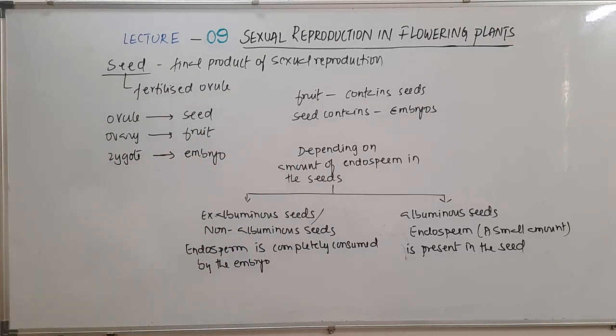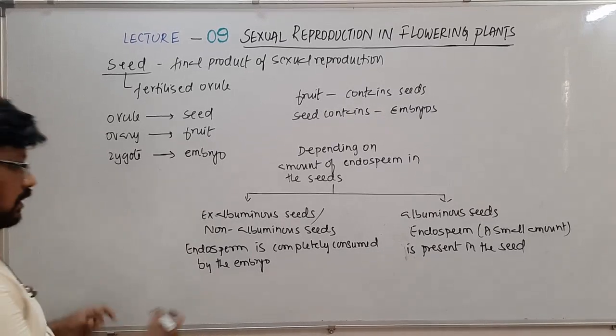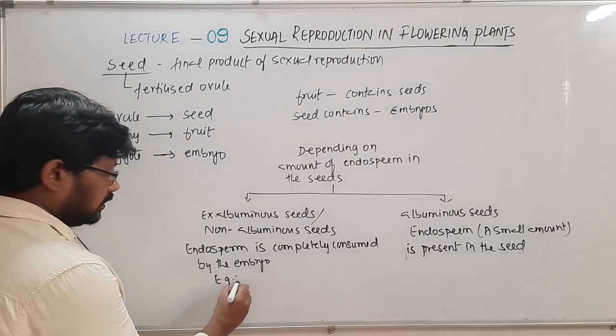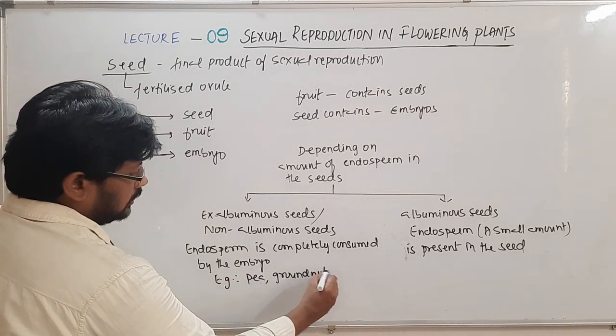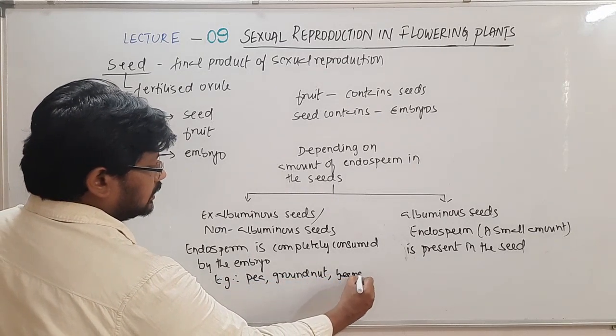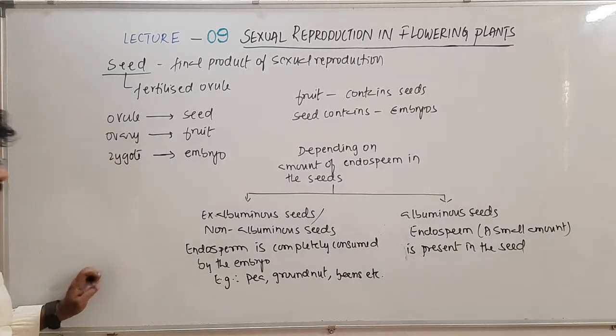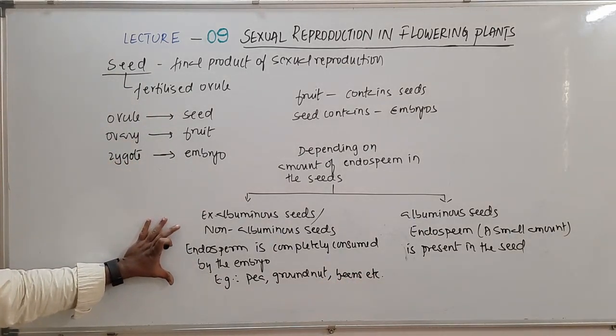Now let's see some examples of this. I have given examples like pea, groundnut, beans, etc., as examples of these exalbuminous or non-albuminous seeds.